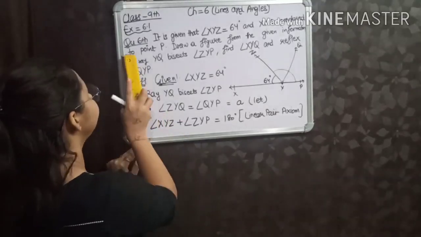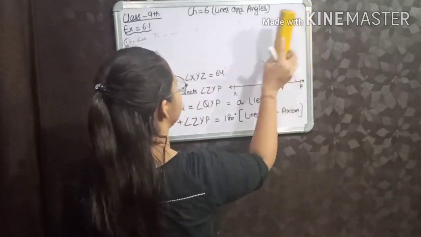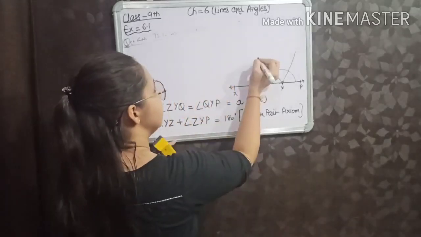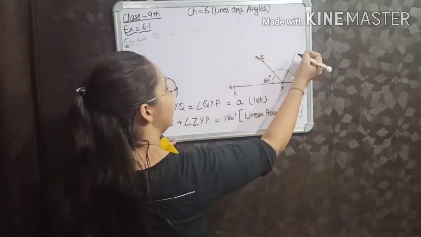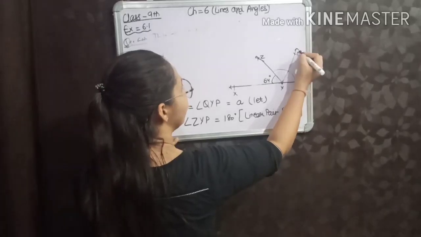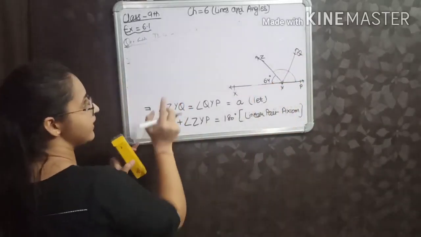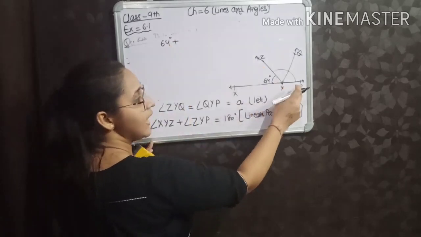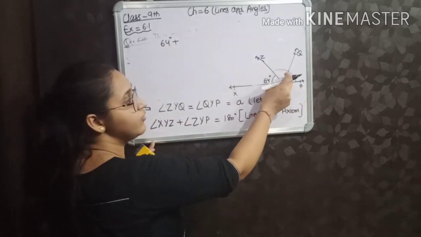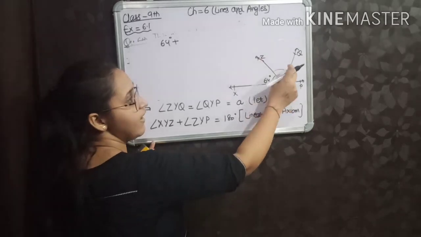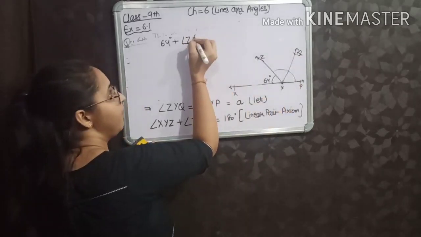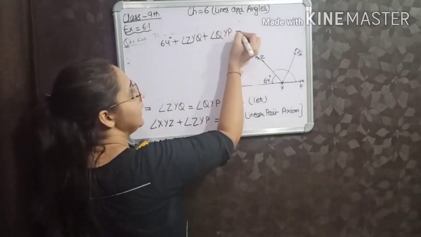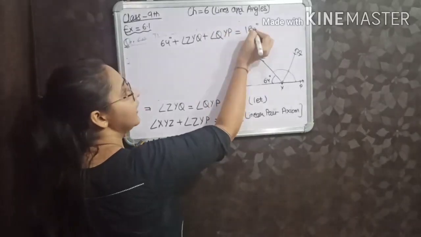Now see this. This is XYZ, which is given as 64 degrees, plus angle ZYP. ZYP is made up of these two angles, ZYQ plus angle QYP, and it is equal to 180 degrees.